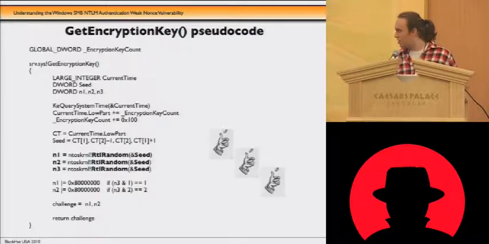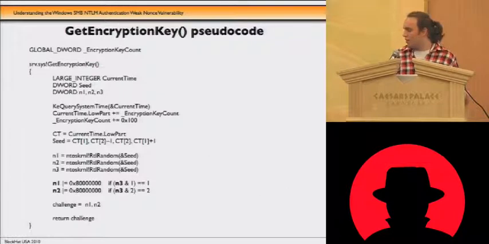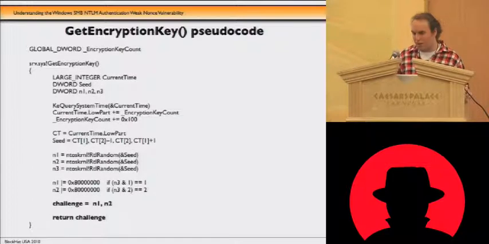Once the seed is created, we call the RtlRandom function 3 times in a row. The first time, we use the created seed, and the second and third times, we use some kind of feedback that the RtlRandom function returns also. With the 3 numbers returned by RtlRandom, based on the third one, we modify the first and the second number, and we concatenate the results and return a challenge. That will be the challenge.